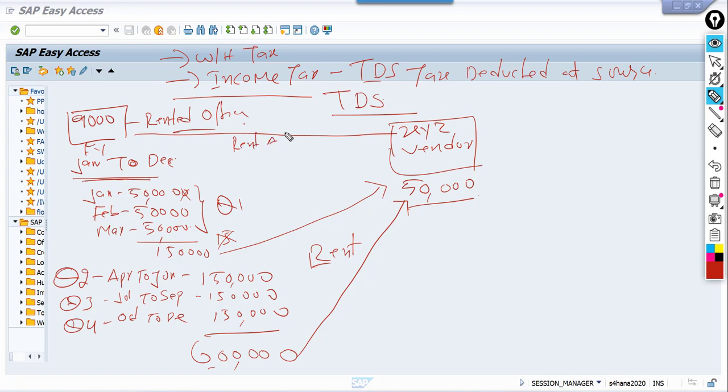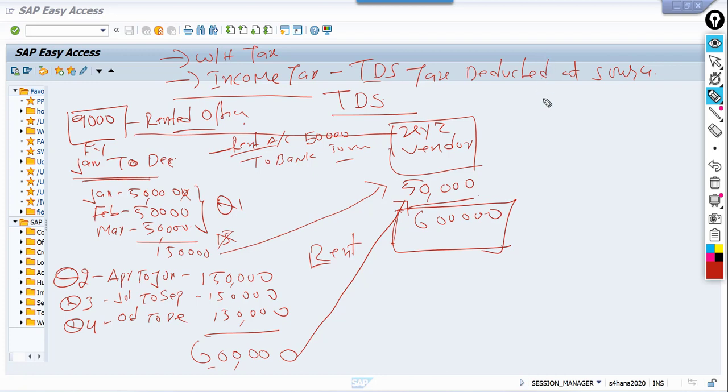rent account debit to bank if it is paid immediately. On every month we are posting for 50,000. This is the entry, 50,000. So we are booking this rent as an expenditure. So total amount received by this vendor is 6 lakhs from 9,000 company code.